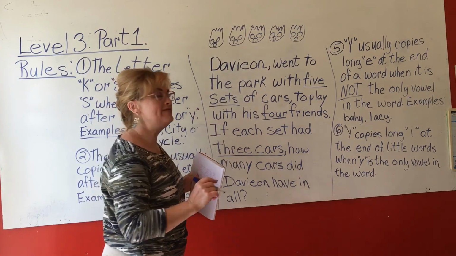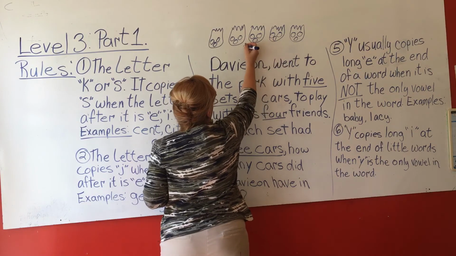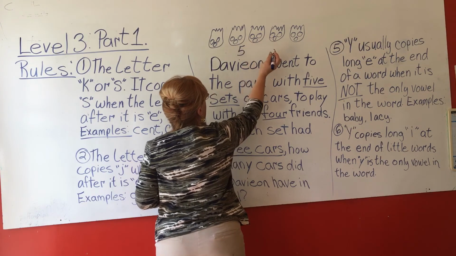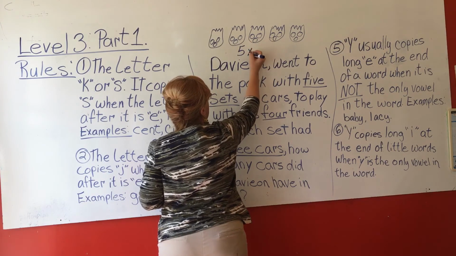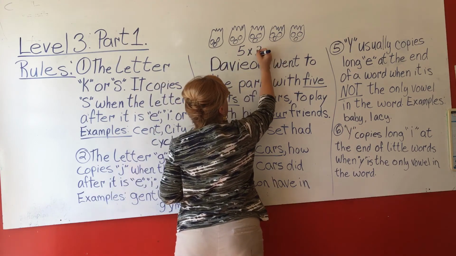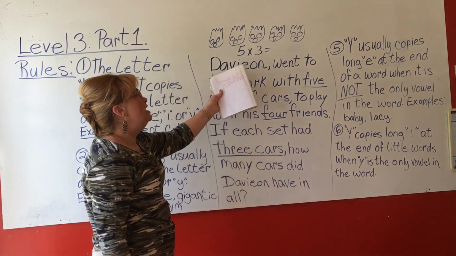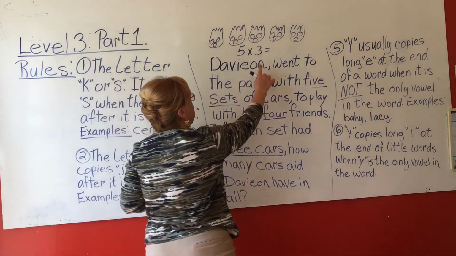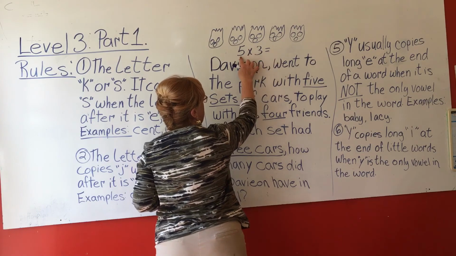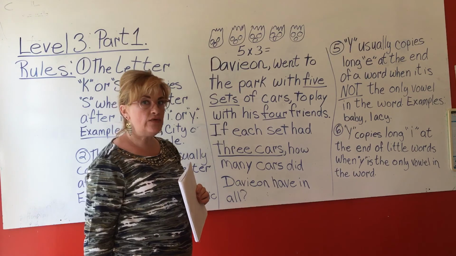That's right, multiplication. So we know there's 5 of them, right? And we know there's 3, we're going to multiply, and we know that there's 3 in each, correct?